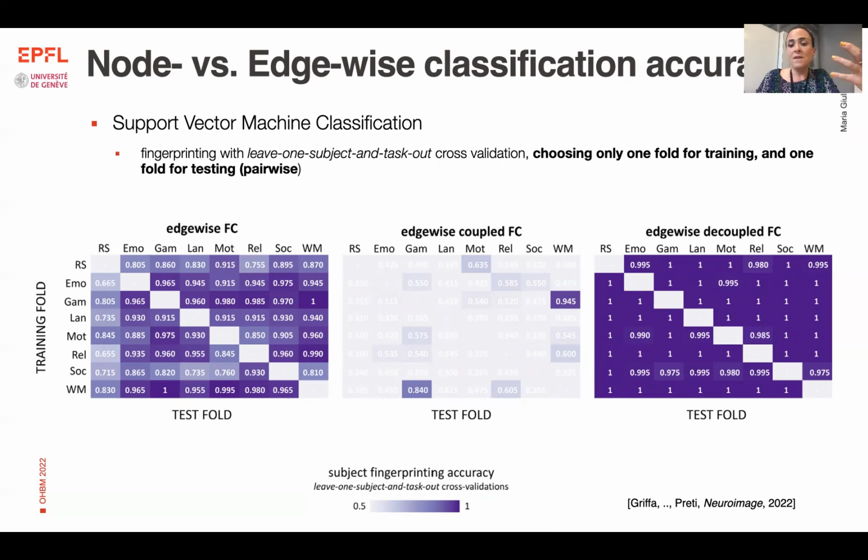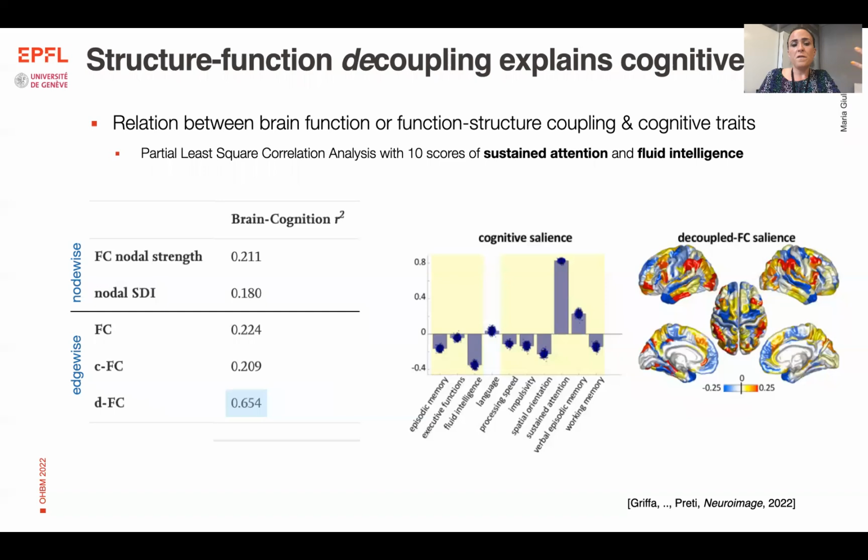And the relevance, so the meaning of this information was also confirmed by a behavioral analysis where we related these metrics of structure function coupling and also of functional connectivity with different measures of sustained attention and fluid intelligence with the partial least square correlation analysis.